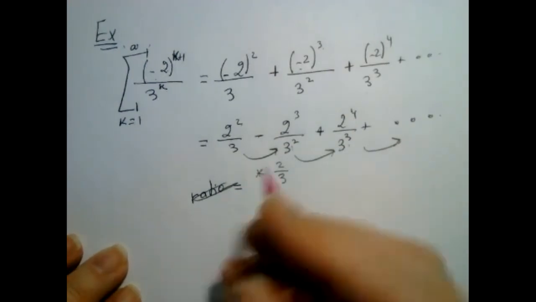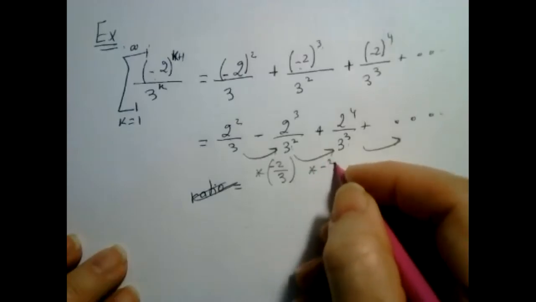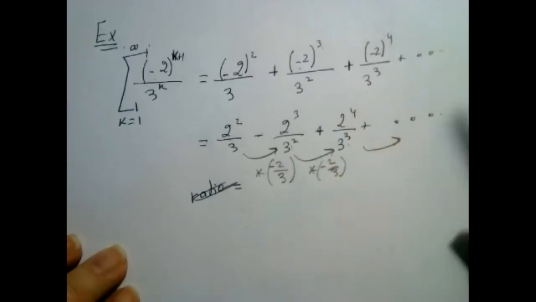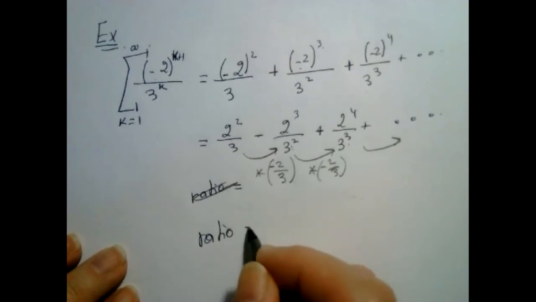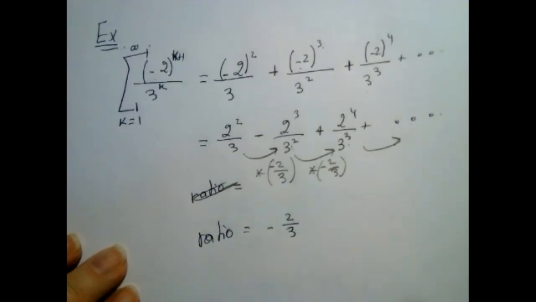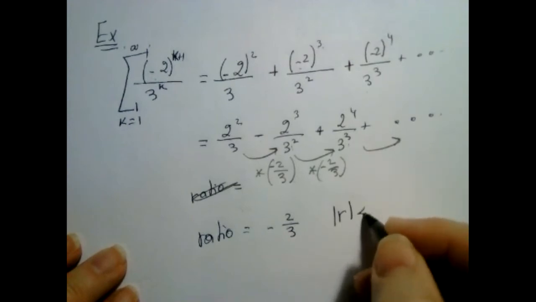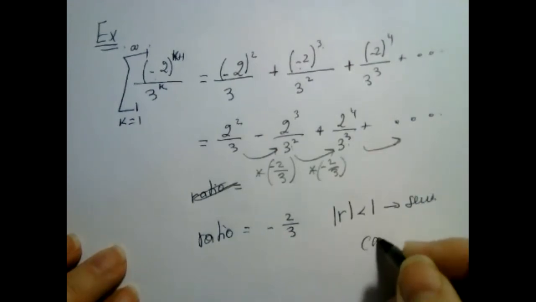Negative, wait, negative 2 over 3. You have to be very careful. Negative 2 over 3. Okay, so my ratio here is minus 2 over 3. So now my ratio is less than 1 in absolute value. The series converges.